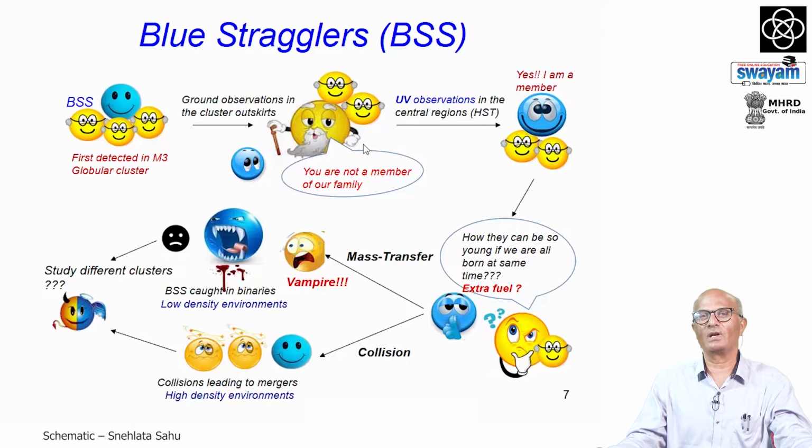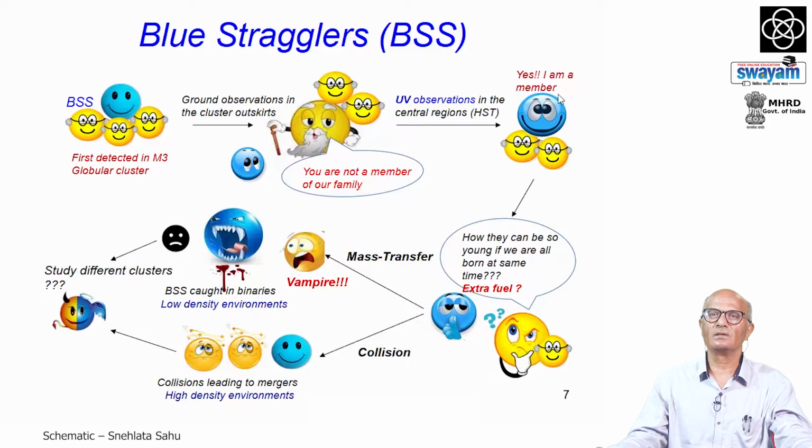That question was settled once the kinematical motions were observed, and UV observation of the central region with HST also helped. In fact, spectroscopic observation of those blue straggler stars also confirmed that they are indeed cluster members.